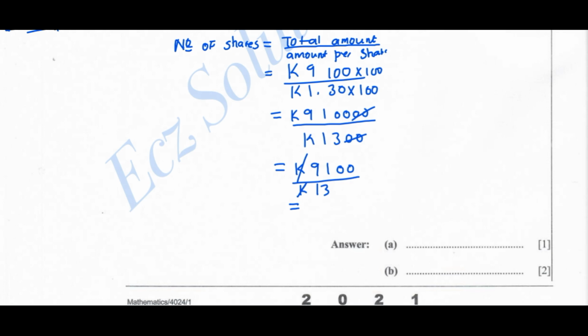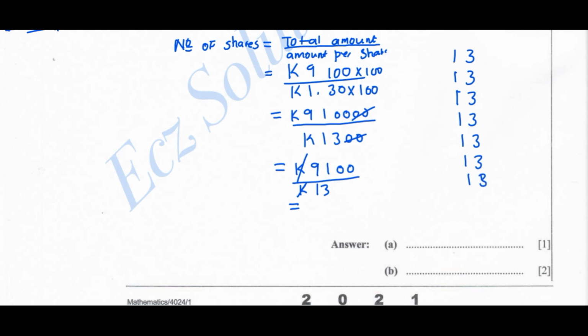Let's do this: 13 plus 13 is 26, plus 13, that is 39, plus 13 is 52, plus 13, 65. 65 plus 13, 78. 78 plus 13 will give us 91.